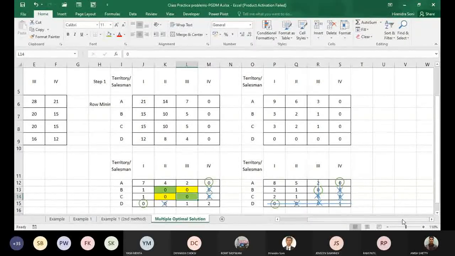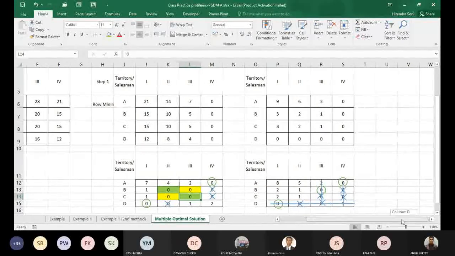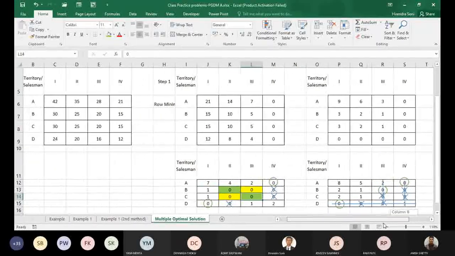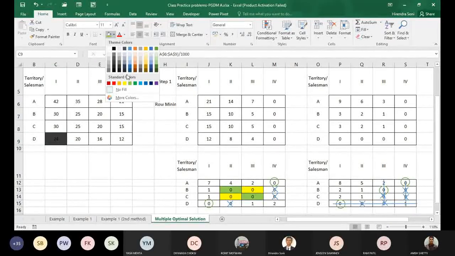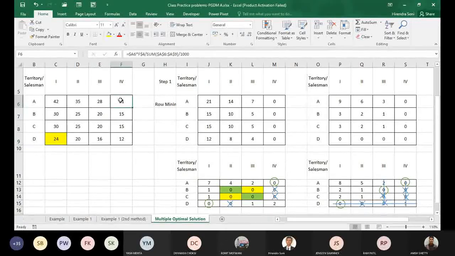And now if you look at the total revenue, that is, the total sales that you expect you can generate from there, one is this 24. I'll just put something there so that we can easily identify. Second one is this 21, and then we have a choice between the two.